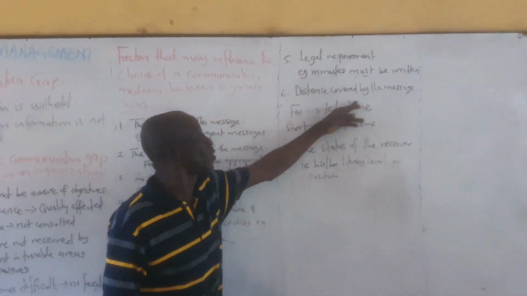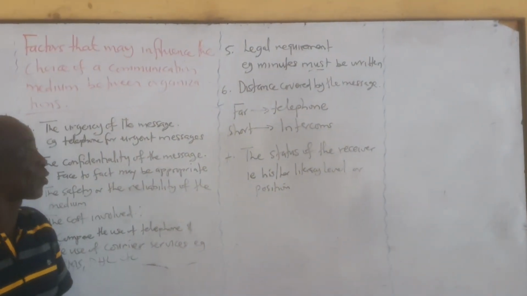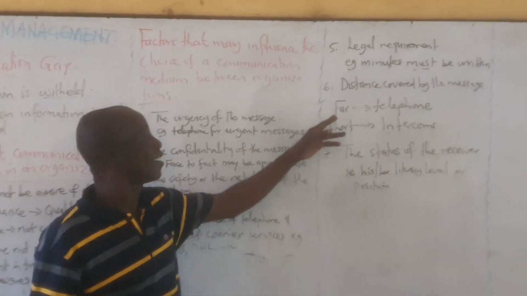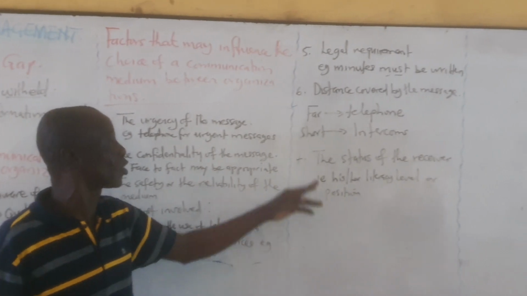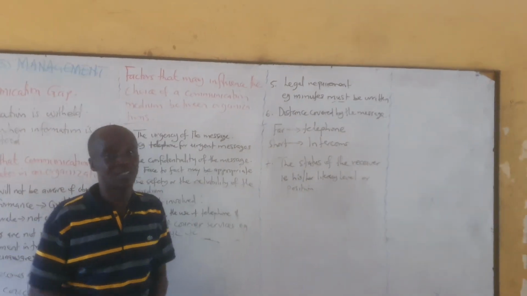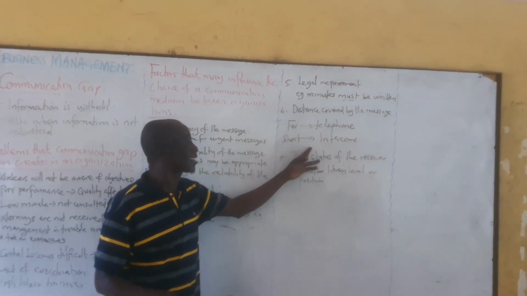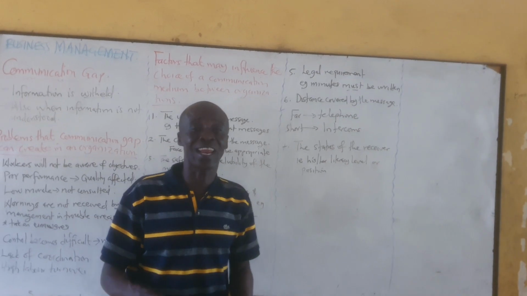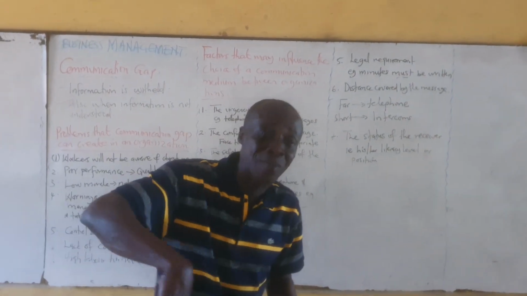Then the distance to be covered by the message too is very important. Either the distance is far or short. For far or long distances, you can use telephones. Then for short distances, you can use intercoms. So you are in the organization within the same building.